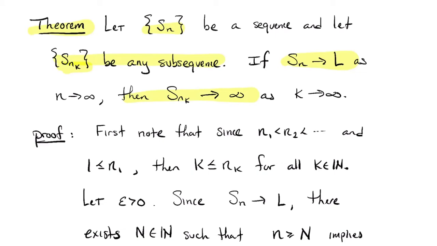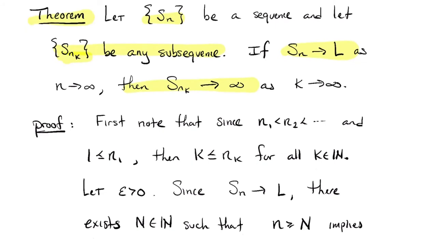Cool. So how do we prove that? By definition of subsequence, the n sub k's are a strictly increasing sequence of natural numbers. Certainly n sub 1 is at least 1. The first term in the subsequence is at the very least the first term in the sequence. And for every k, the index n sub k has to be at least k.